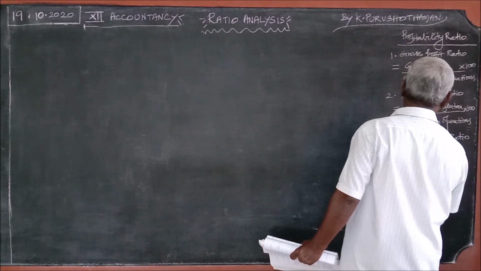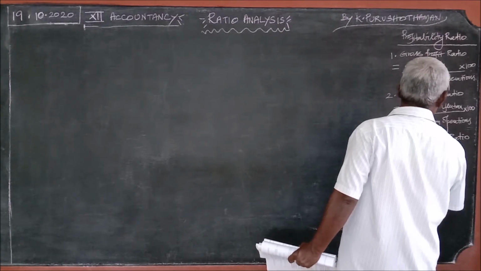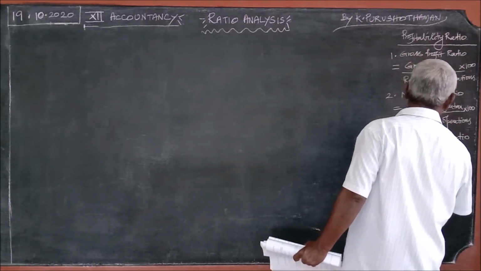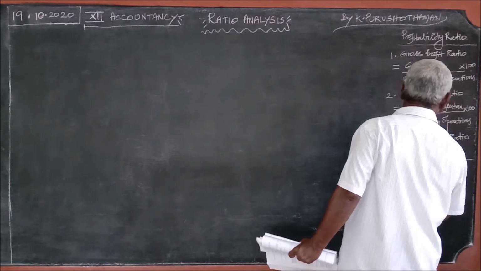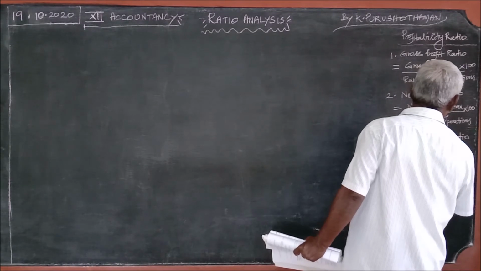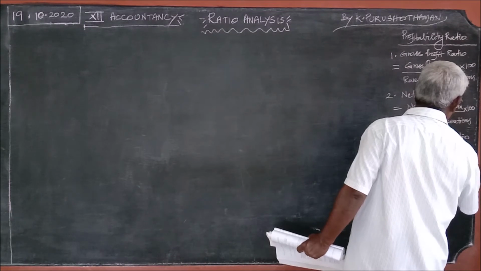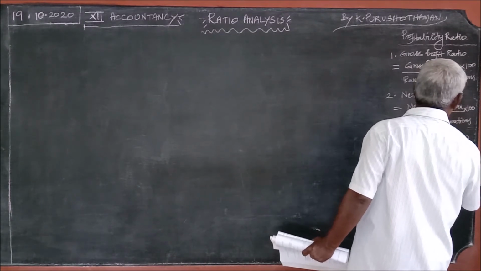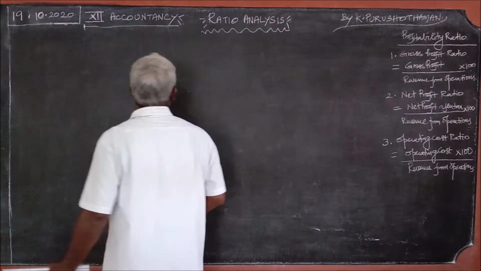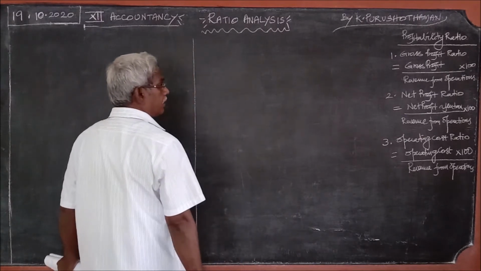Operating cost ratio is equal to operating cost by revenue from operations into 100. That's what we are going to see now, the third formula. Yes, we can write the formula here.